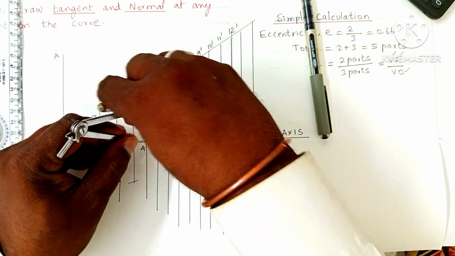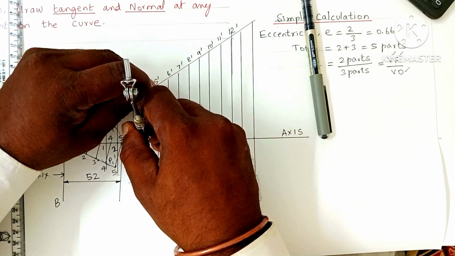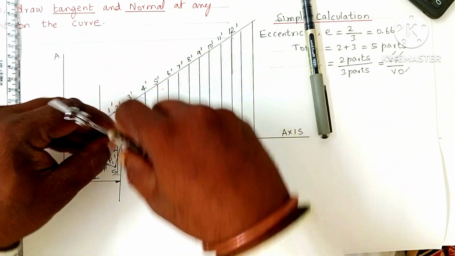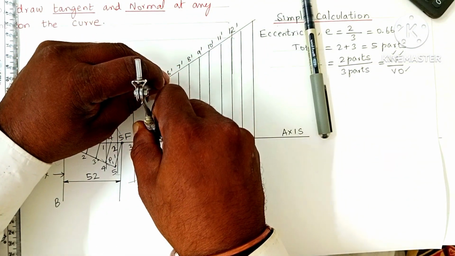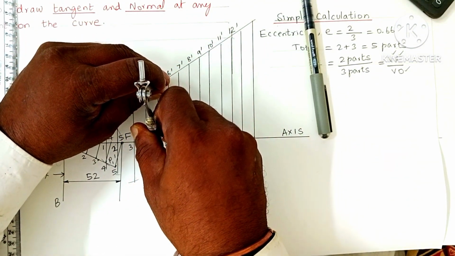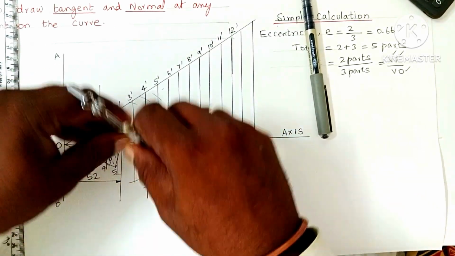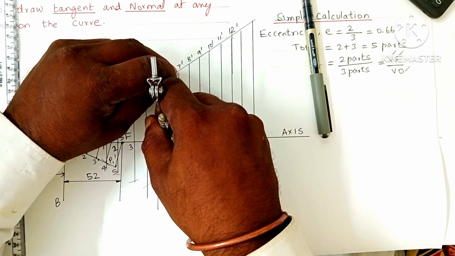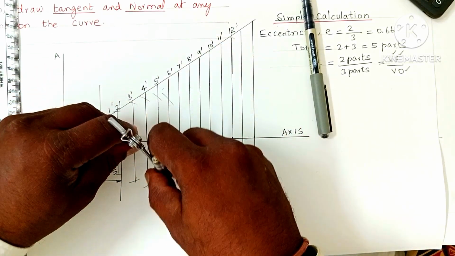Next, 4 dash vertical distance is taken in the compass. F as center, cut an arc on the fourth vertical line. Next, 5 dash distance is taken in the compass. F as center, cut an arc on the fifth vertical line. Repeat the process for all vertical lines. Always F will be the center for cutting the arcs.